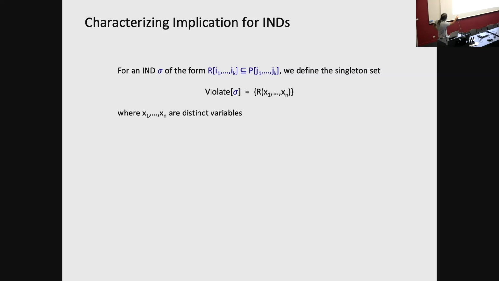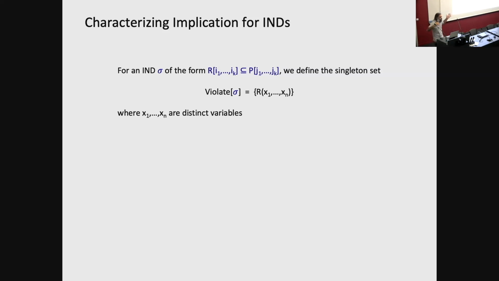We will see the details, but let's see what this set is now. As you can see, this set is very, very simple. If I tell you to construct the simplest set that you can think of which violates an inclusion dependency, what will that be? It will be just one atom, right? With the relation R, which is in the left-hand side of the inclusion dependency, and a tuple of distinct variables there.